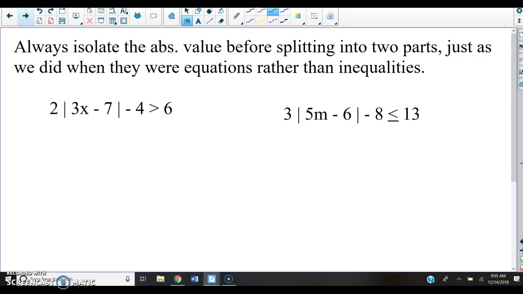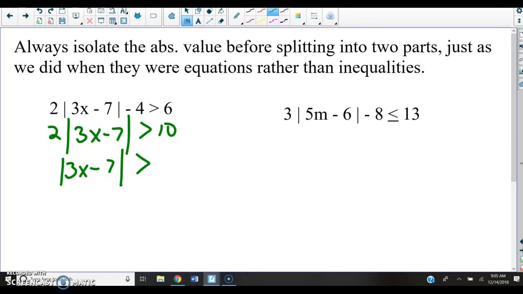Again, always isolate that absolute value before splitting into 2 parts. So in this case, we would add the 4 to both sides, then divide by 2. Okay, now we would split it.